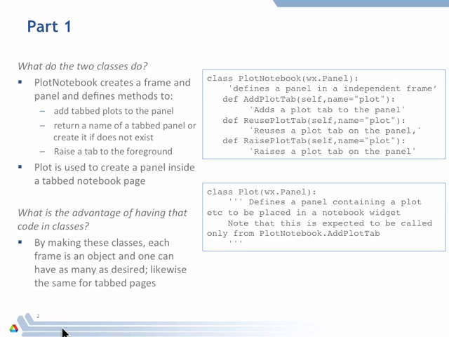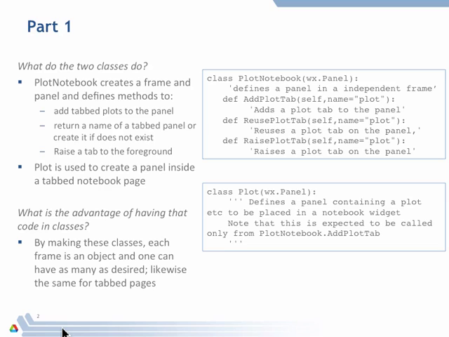Okay. PlotNotebook creates a frame and a panel. That's this class right here, and it defines a bunch of methods. So this is it sort of summarized. We have a class based on wx.Panel.